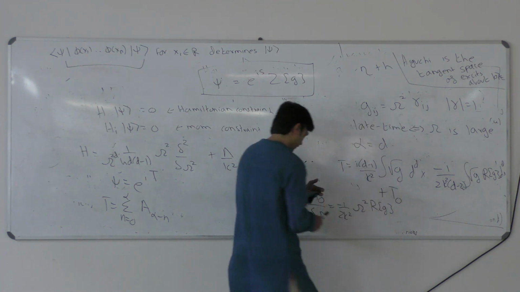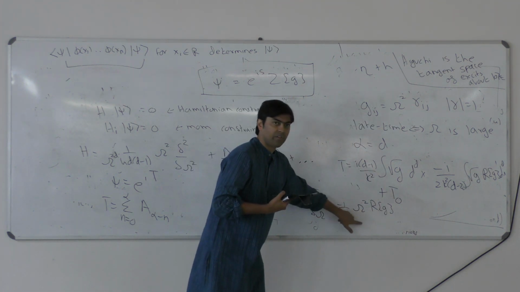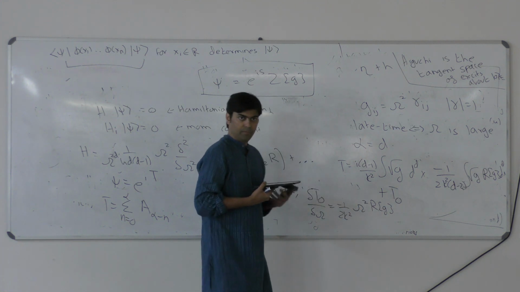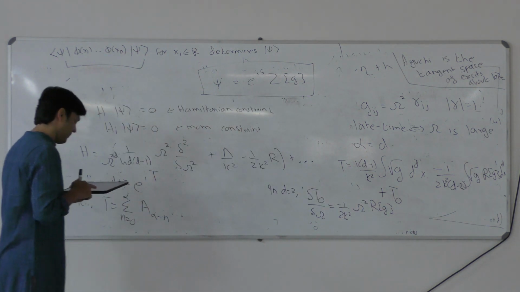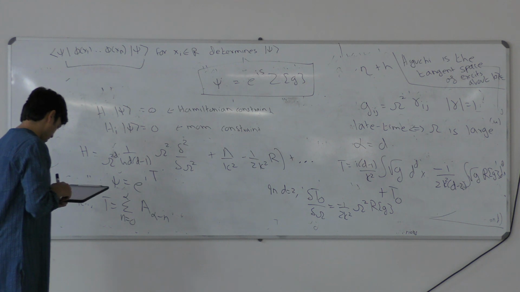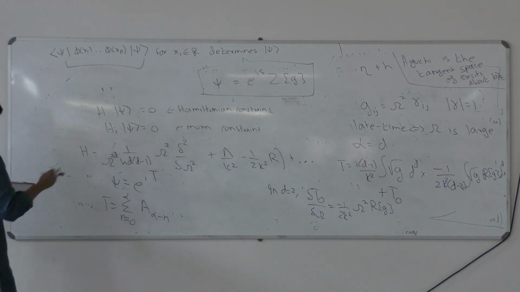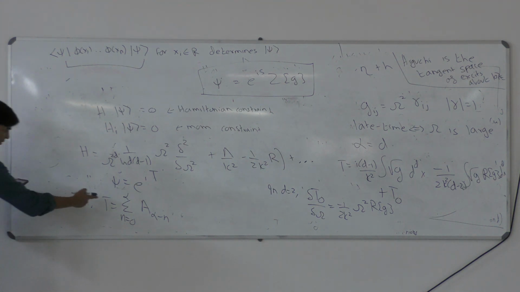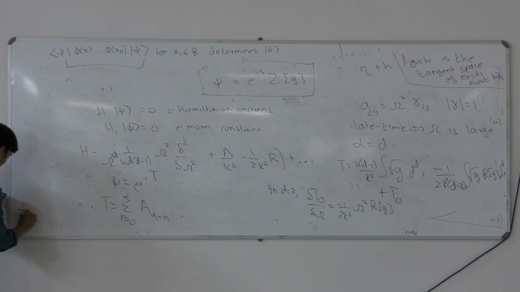Remember, g itself scales like omega squared, so this whole term is like order 1. And in fact, yes. Right. So in fact, if you convert this back to an equation for e to the I T0, we'll find exactly the standard conformal anomaly equation.